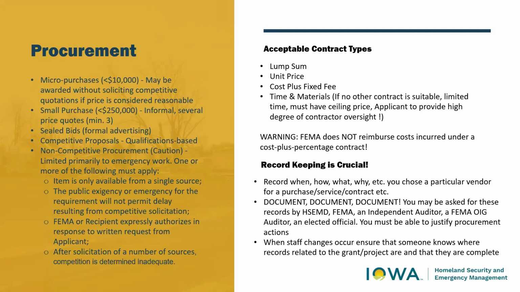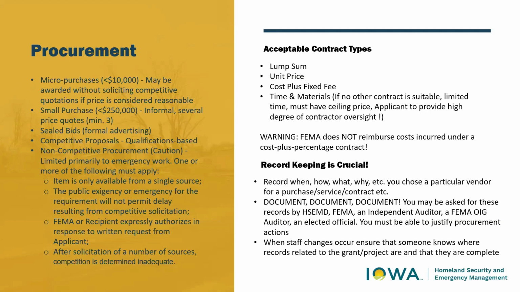Record keeping is crucial throughout the whole life cycle of the grant, but especially with your procurement. We encourage you to record when, how, what, why you chose a particular vendor for a purchase, service, or contract. We encourage you to document everything that you do. FEMA, our state, an independent auditor can all request this at any moment, even if FEMA isn't asking for these documents during your formulation of your project.